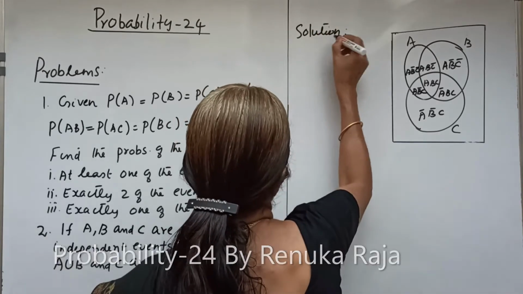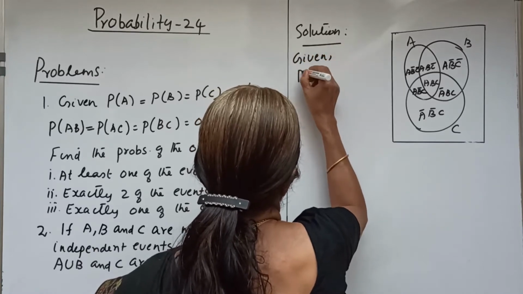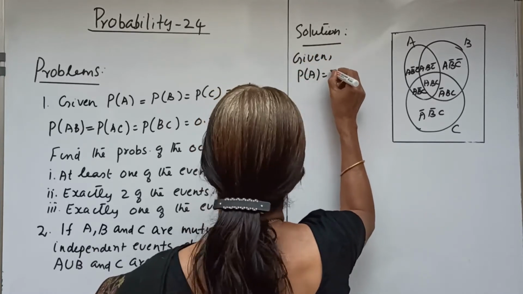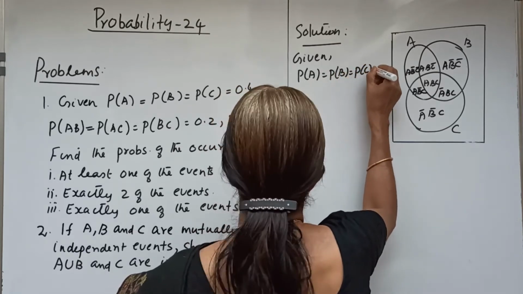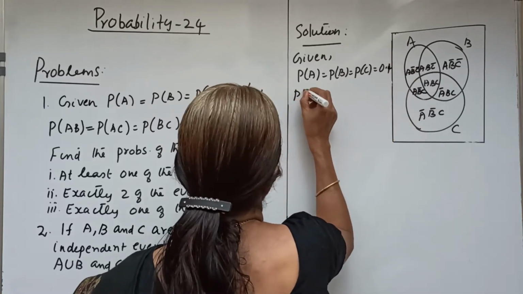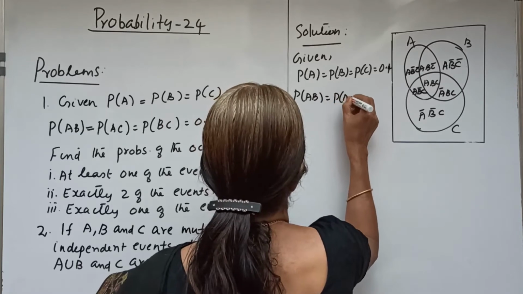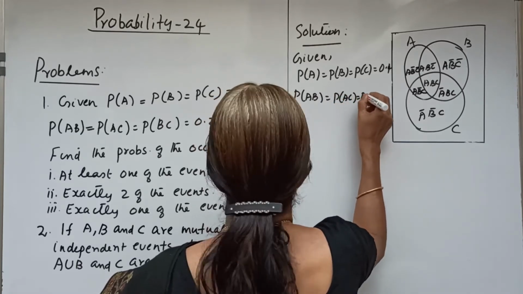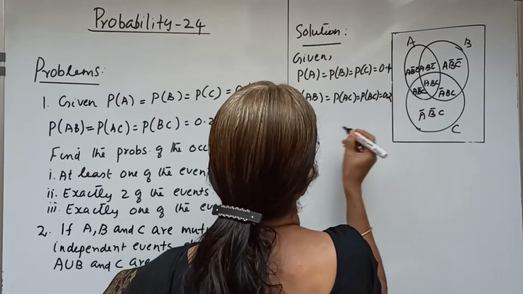we are given, what are the given probabilities? Given P of A equal to P of B equal to P of C equal to 0.4. P of AB equal to P of AC equal to P of BC equal to 0.2.